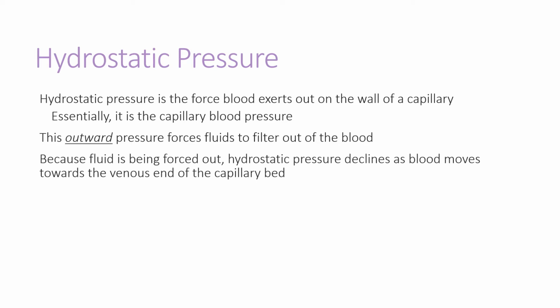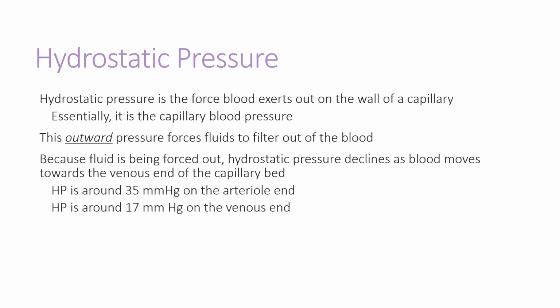Because this fluid is being forced out of the capillary, hydrostatic pressure declines as blood moves towards the venous end of the capillary bed. There's less volume, so there's less pressure on the venous side. The hydrostatic pressure on the arterial end of a capillary bed measures around 35 millimeters of mercury. But on the venous end, that pressure has dropped to about 17 millimeters of mercury.